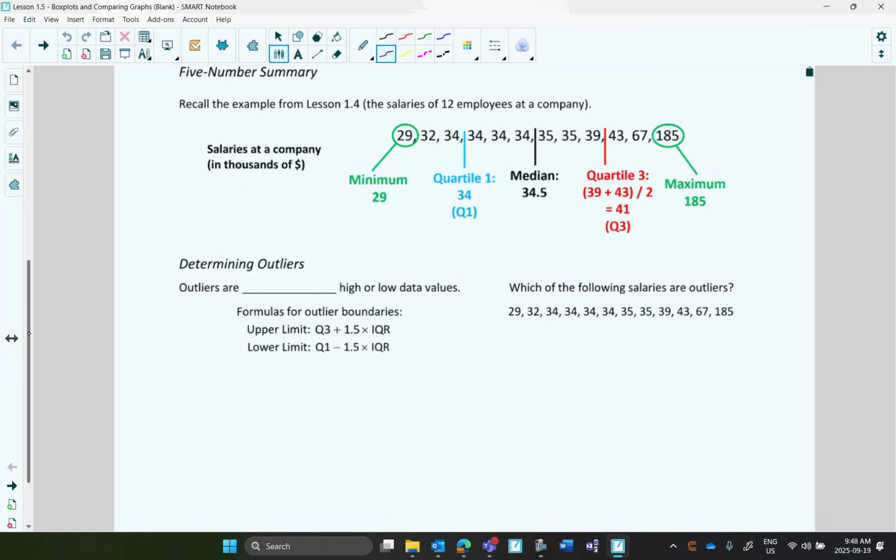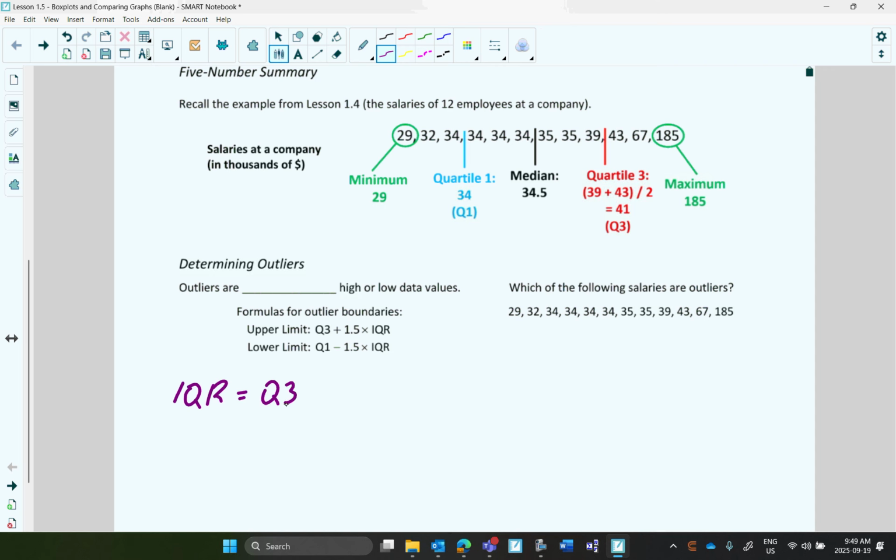So just as a reminder, we found all these values in the last lesson. We talked about how to find the median of those salaries, how to find the minimum and maximum, which are pretty straightforward, how to find the first and third quartiles, and from that, get the interquartile range, or the IQR. Do you remember how to find it? Third quartile minus the first. That's right.